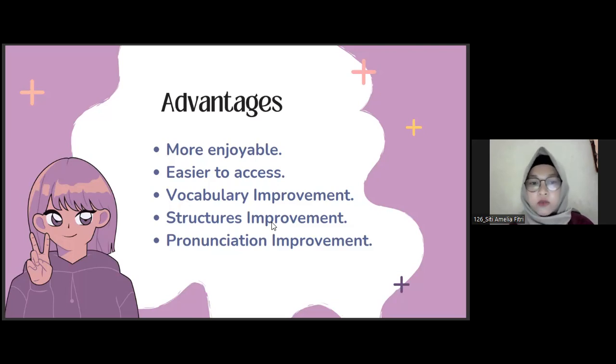Students can learn new vocabulary so that they can improve their knowledge and understanding of English vocabulary, and can improve structure such as using the correct structure of language or sentences, unusual or rarely heard sentences that cannot be understood, or idioms and others. And the last one is pronunciation improvement. Students can find out how to pronounce a word by listening to many English native speakers speak.